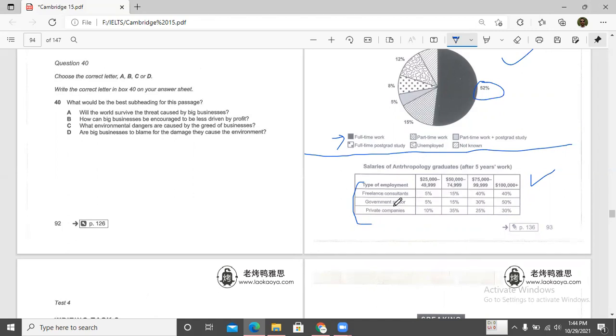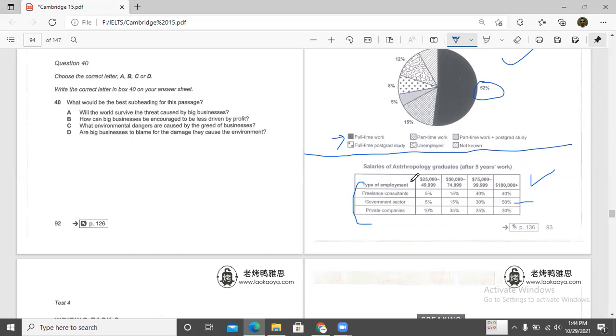Some of the graduates went for the government sectors and the private companies. But if you come here, the jobs taken by the graduates earning 100,000 per year after 5 years: 50% were in the government sector, 40 in freelancing and 30 in the private companies.